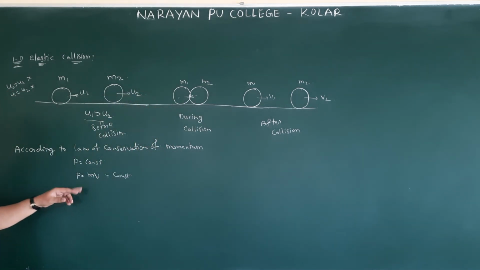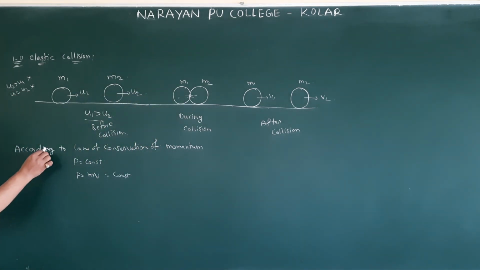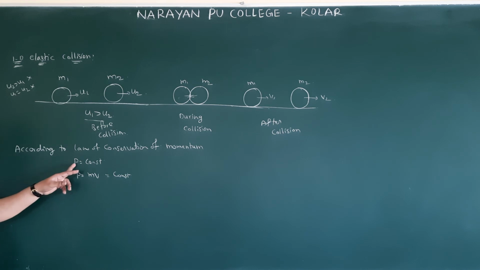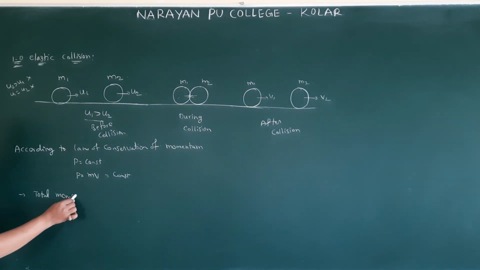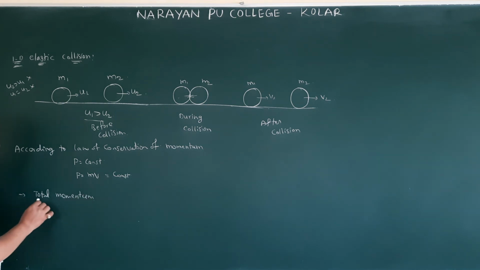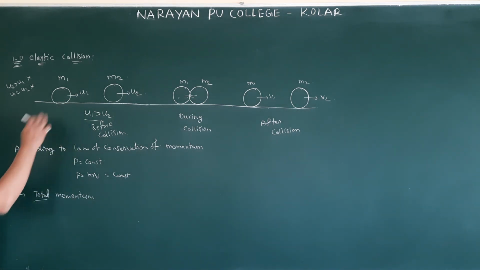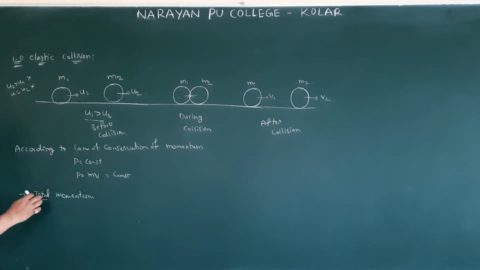In the exam you don't need to write all this; you can directly write: according to the law of conservation of momentum, total momentum. Total means the momentum of all the objects.